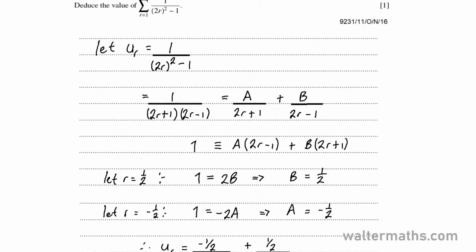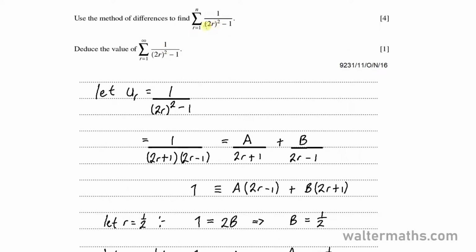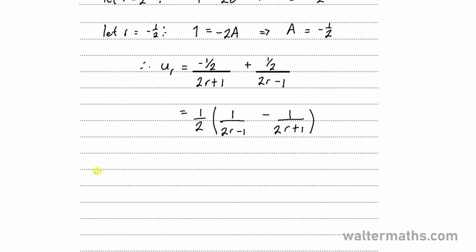So now, according to the question, we want to find the summation from r is equal to 1 up to n of this fraction which we termed u sub r. That's what we want to look for. So I'll say now the summation from r is equal to 1 up to n of u sub r is the same as the summation from r is equal to 1 up to n of half of 1 over 2r minus 1 minus 1 over 2r plus 1.